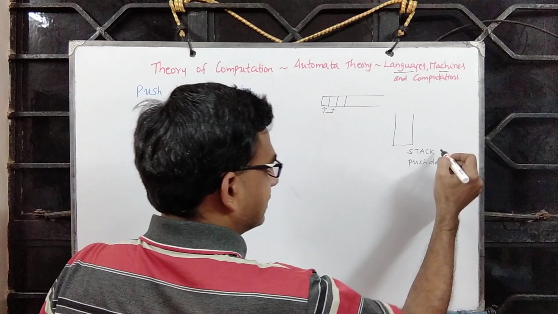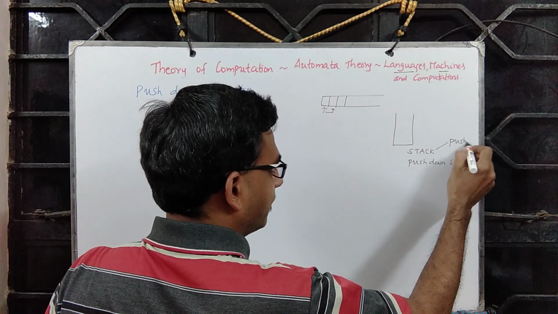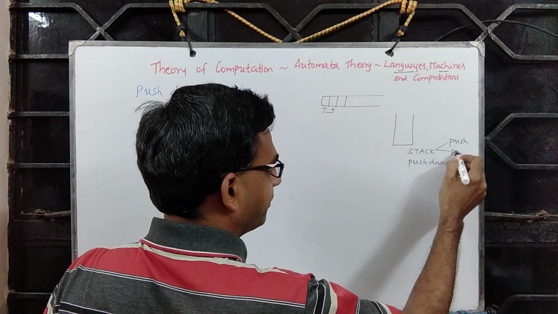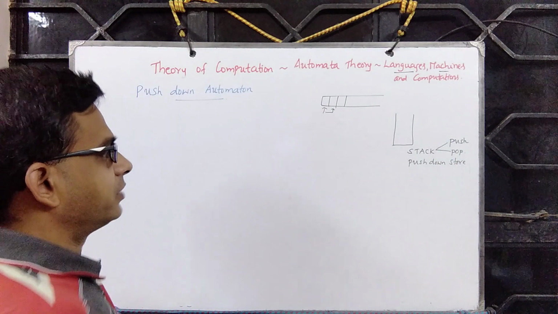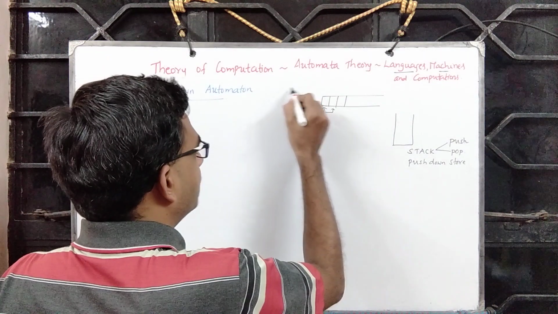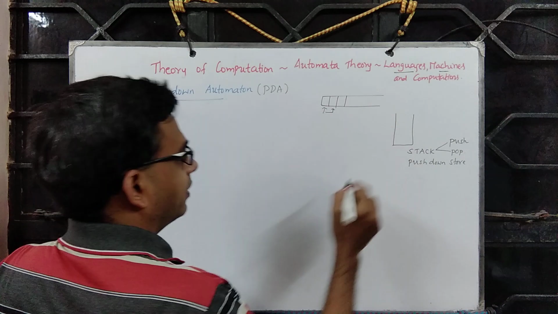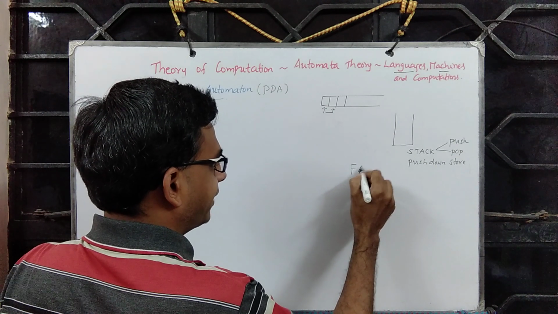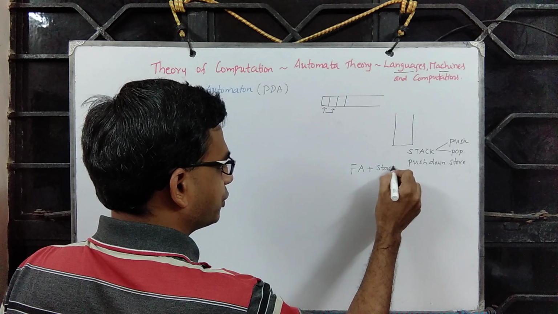And as far as stack is concerned, it is allowed to perform these two operations, push and pop. So essentially, push down automaton, PDA, is something like finite automaton plus stack or push down store.